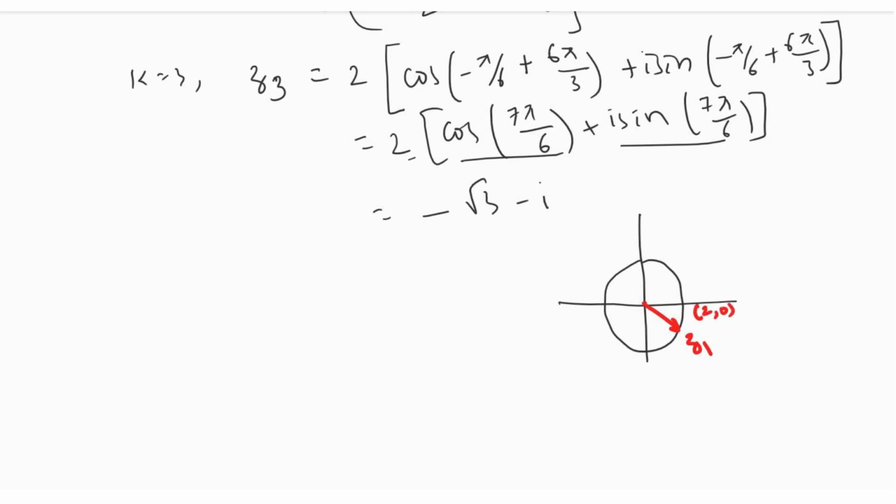The second value is 2i, that is z2, and the third value is at minus 7 pi by 6, that is here, so that is z3. So all the roots lie on a circle with radius 2. Any roots of a complex number always lie on a circle whose radius is the modulus of that number.